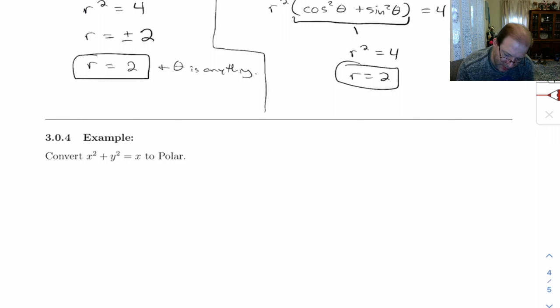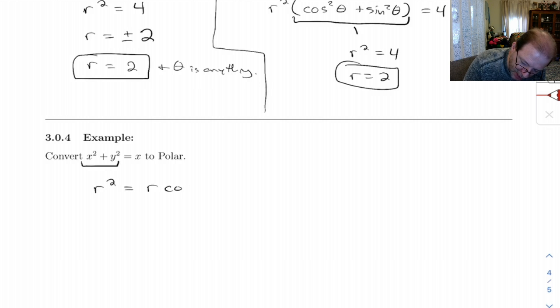All right, let's look at this one. x squared plus y squared equals x. Convert that to polar. x squared plus y squared becomes r squared, and x is r cosine theta. So this is what we get. Let's see, what can we do now? We'd like to solve this for r. Let's put everything on one side.